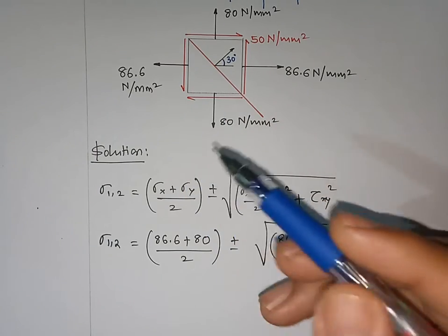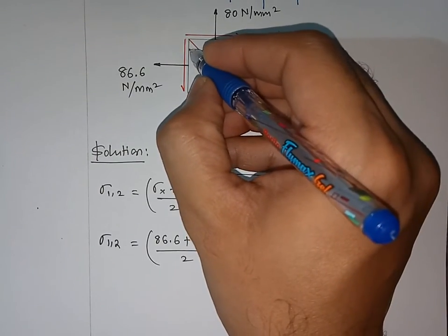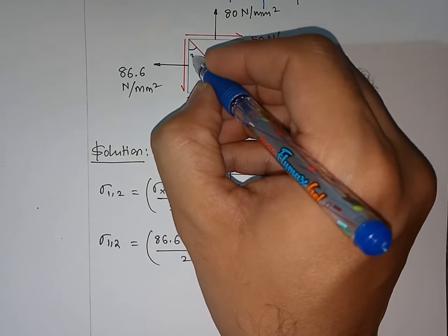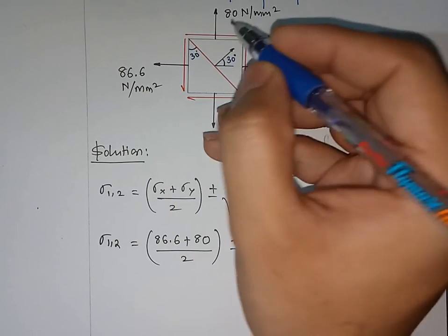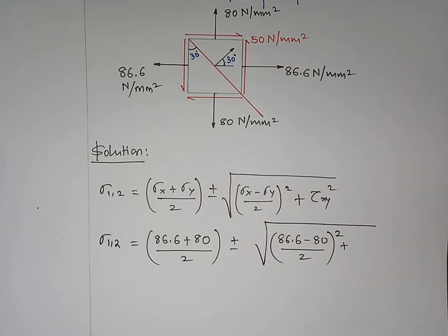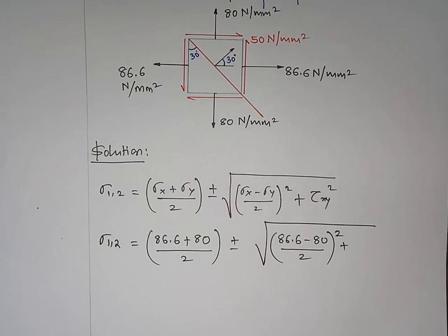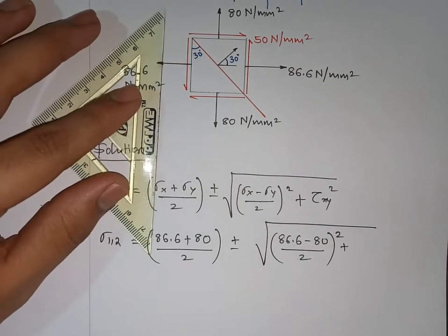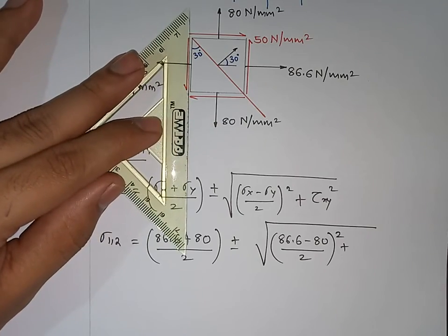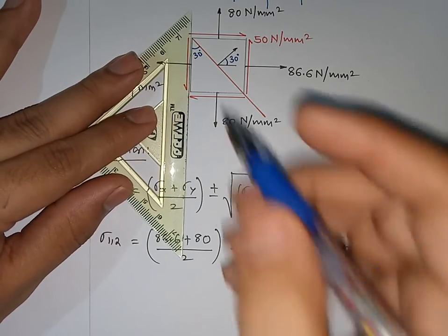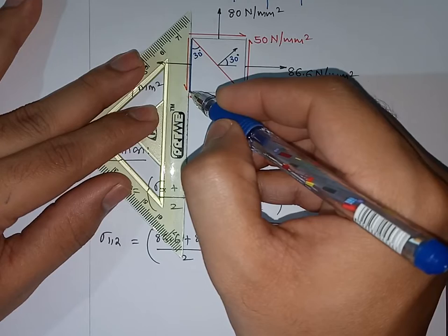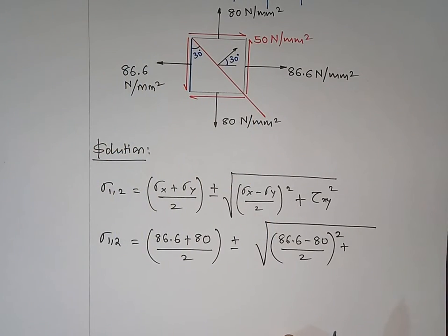I have already explained in the previous video how I will take this angle as 30 degrees, right? So you can go through my previous video, that is the first video, so that you will understand how this 30 degree and this 30 degree are correlated, right? Now this will be my reference plane.